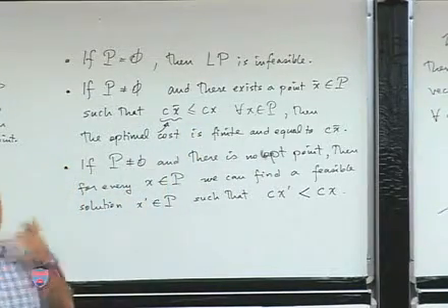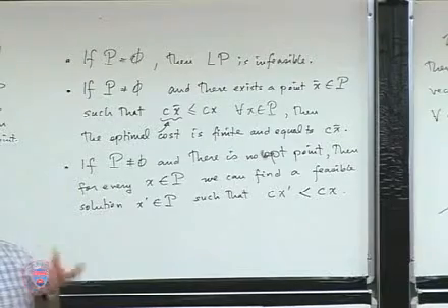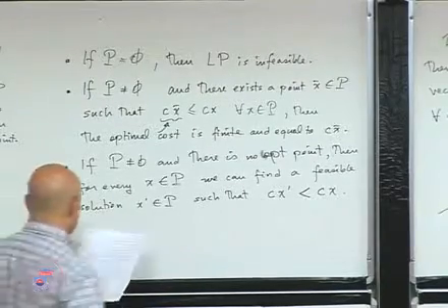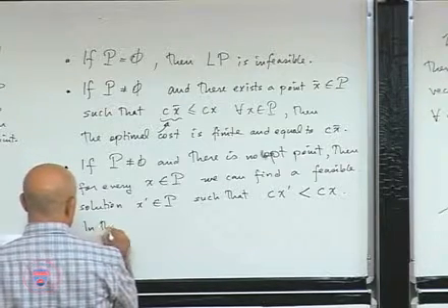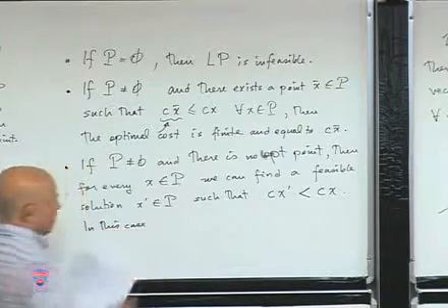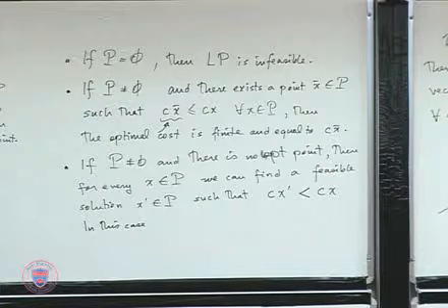Okay? That's what it means to be unbounded. In that case, the optimal cost can be made arbitrarily small for a minimization problem.